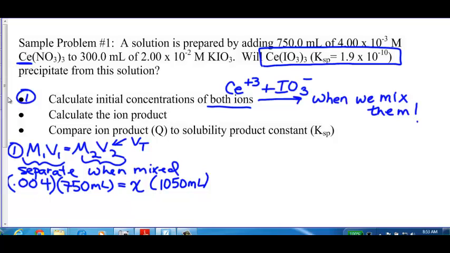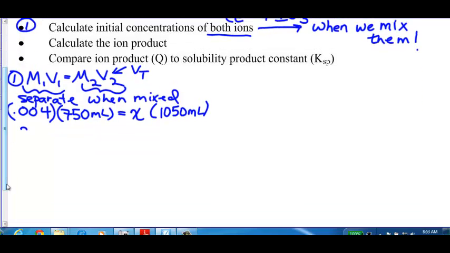So 300 plus 750 gives you the 1050. If we solve for x, I think I got 0.00286 molar. And that's your concentration of cerium ions when mixed.